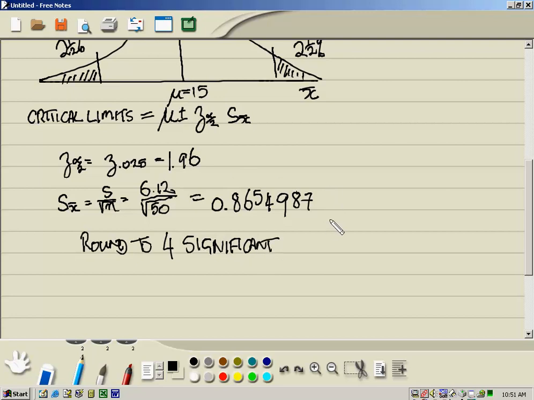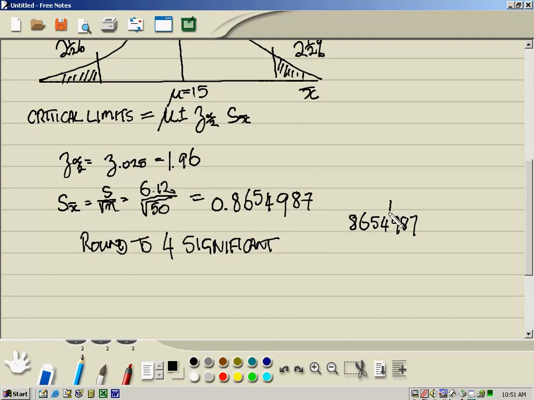When we talk about significant places, we don't care about the preceding zeros or zeros at the end. So the number we're really looking at is the 8654987. Forget decimal place and zeros before and after.